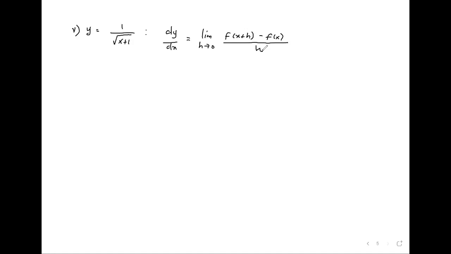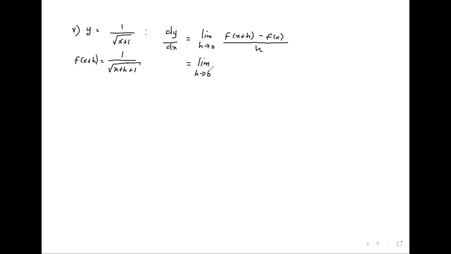So you understand that our f of x plus h will just be 1 over the root of x plus h plus 1. So when you come here, you'll be dealing with the limit.